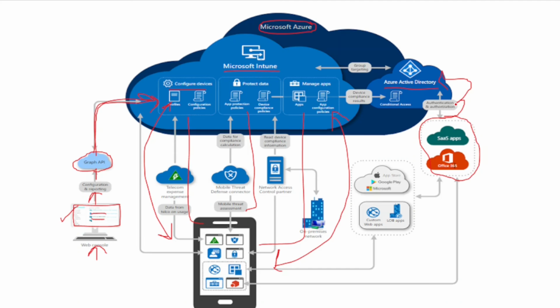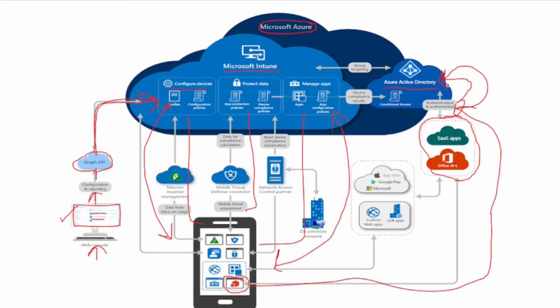So whenever a user is going to use any software as a service application or an Office 365 application, what is going to happen here is that the application is going to check against Microsoft Azure Active Directory to get the authentication and authorization, and if the user is an authorized or authenticated user, then the user can access those applications.